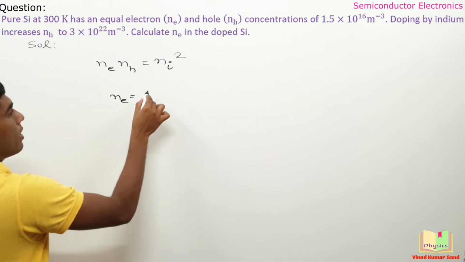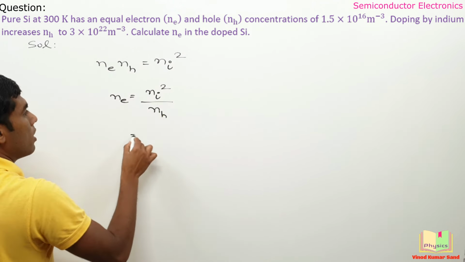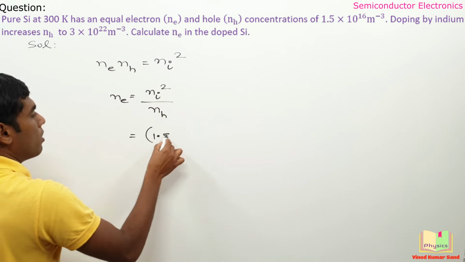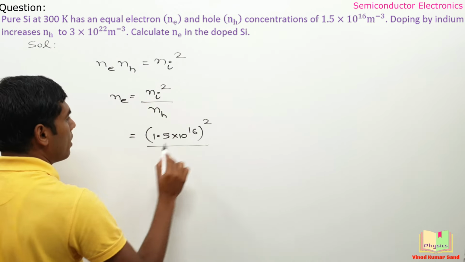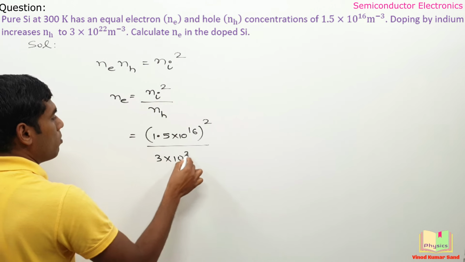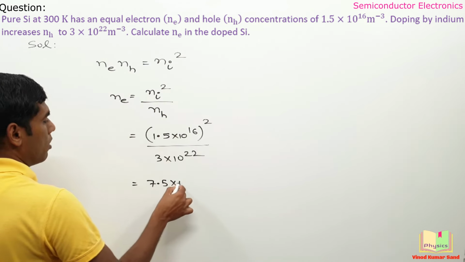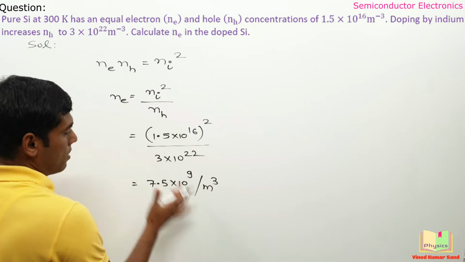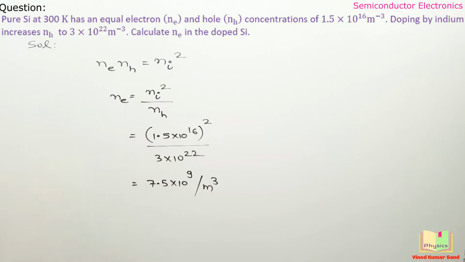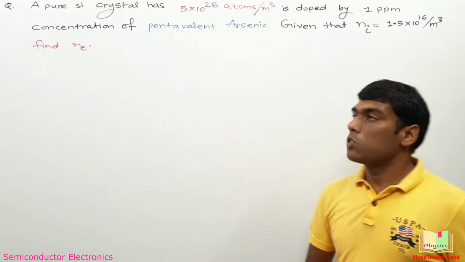Our target is N_e, that will be N_i square by N_h. N_i is 1.5 into 10 to power 16, whole square, divided by 3 into 10 to power 22. This is equal to 7.5 into 10 to power 9 per meter cube. This is the answer.